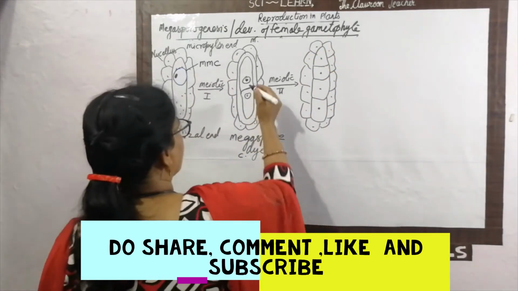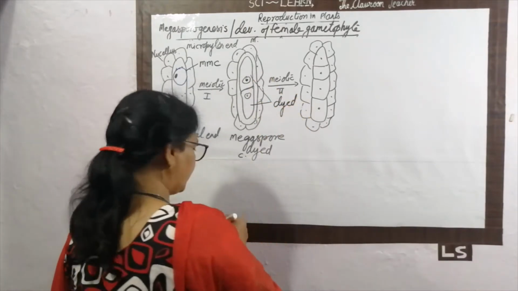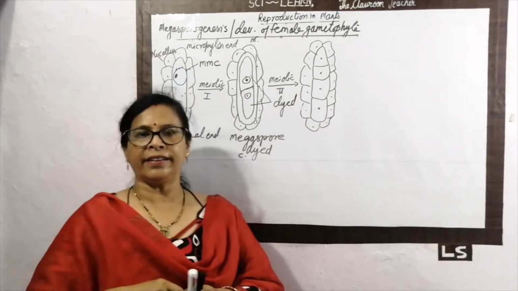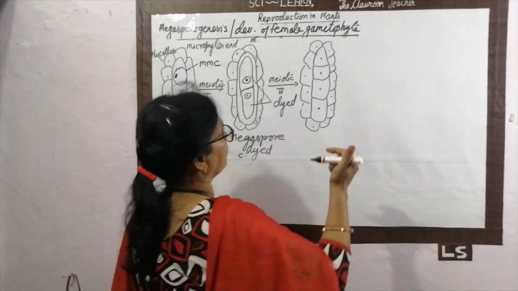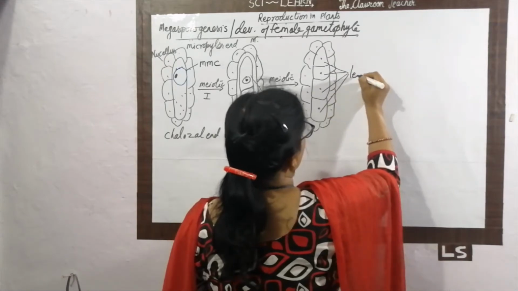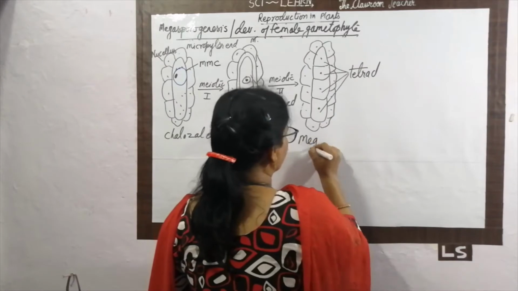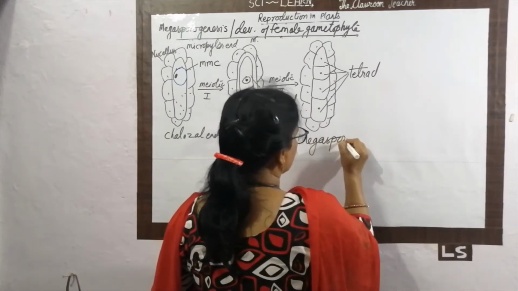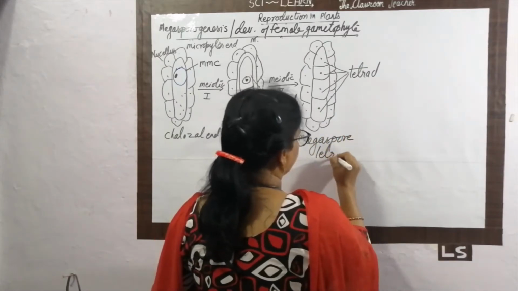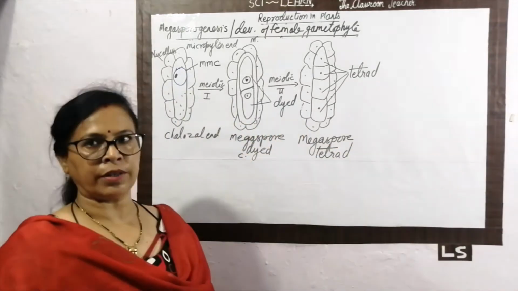These are called the dyad because it is 2 in number, and this is called the tetrad because it is 4 in number. 1, 2, 3, 4. This is called the megaspore tetrad.